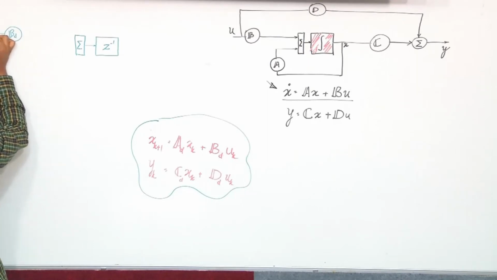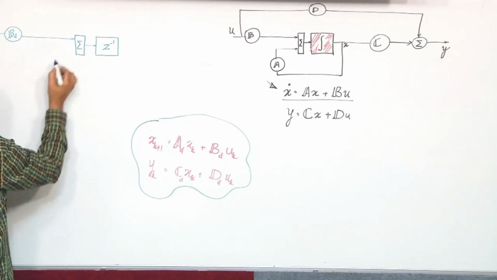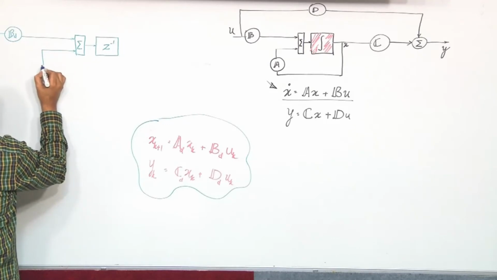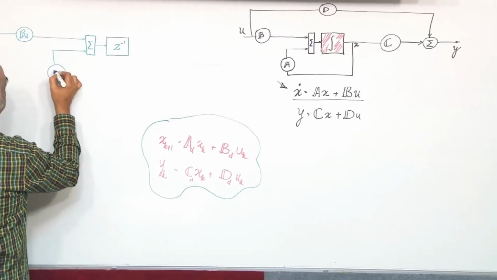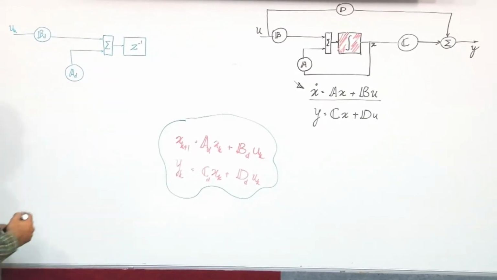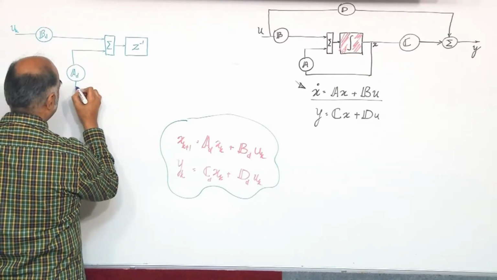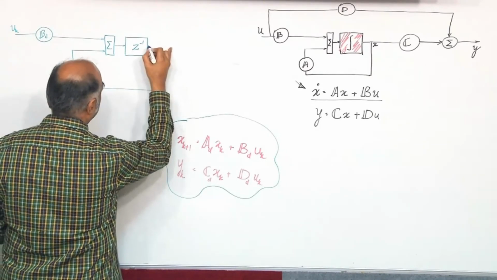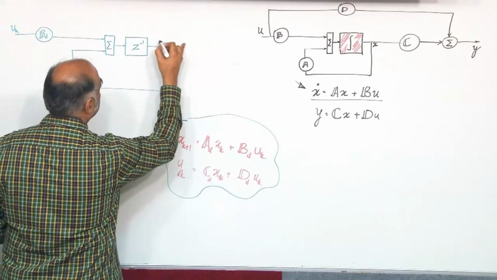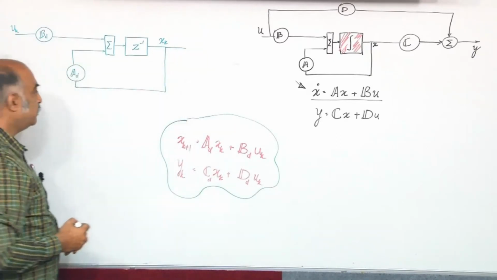You have u of k, the characteristic matrix of the plant system, x of k.